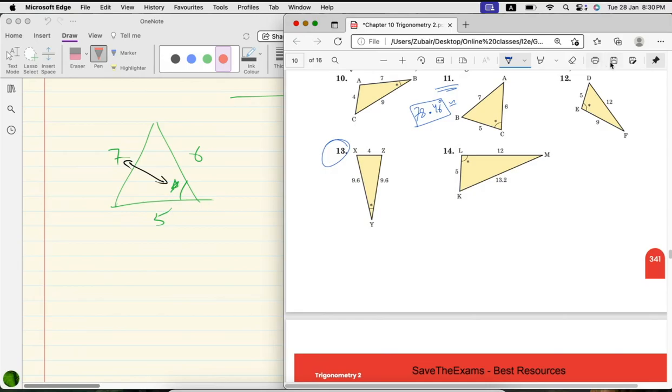Try number 13. I'm waiting for the first digit.